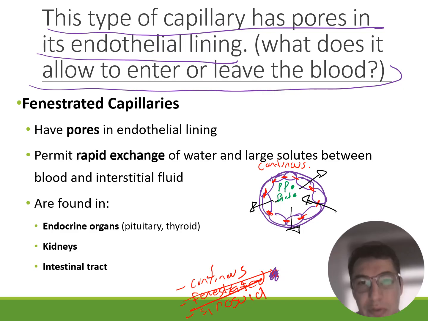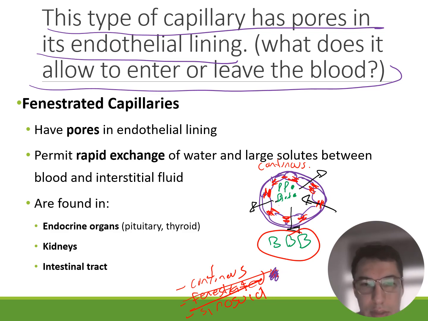There is a type of continuous capillary that is specialized that we call the blood-brain barrier. In the blood-brain barrier, these junctions are more complete, so they are tighter, and we definitely don't allow anything to cross or enter unless it is through active passage.